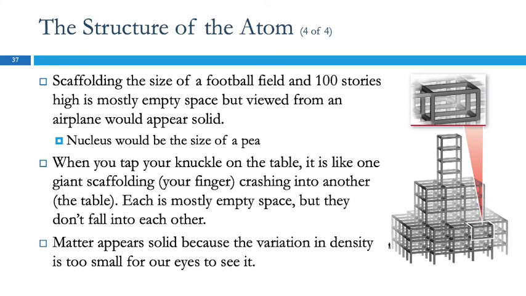Because that empty space is inside of an atom, and the atom itself is way too small to see. So when I knock on the table here, it's like taking one of these giant scaffoldings, which is mostly empty space, and knocking it into the other. In spite of them both being empty space, they're not going to just pass through each other. Does that make sense? So matter is mostly empty space, but you can't walk through walls.